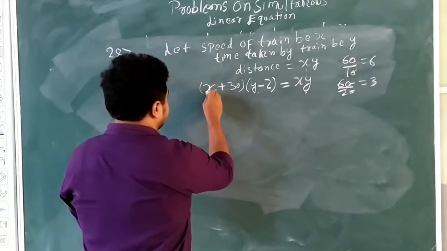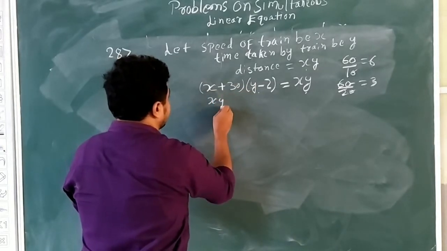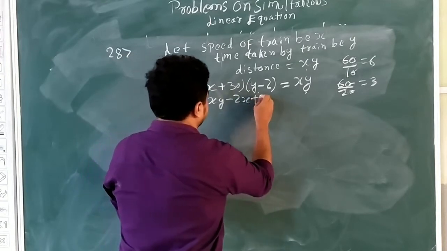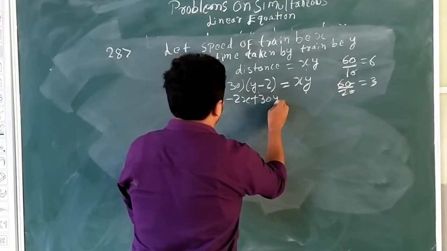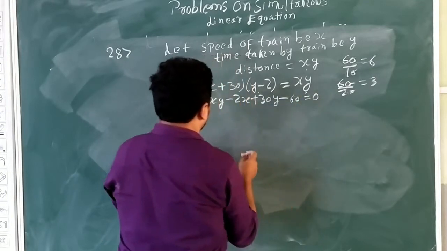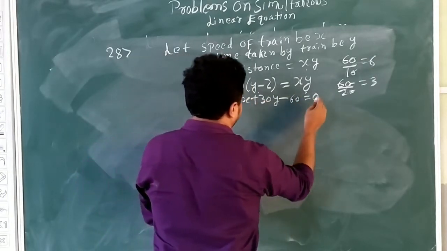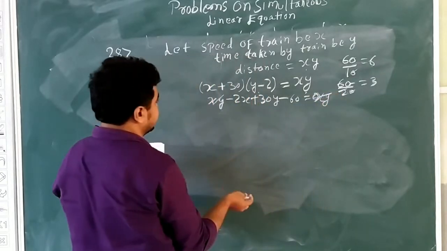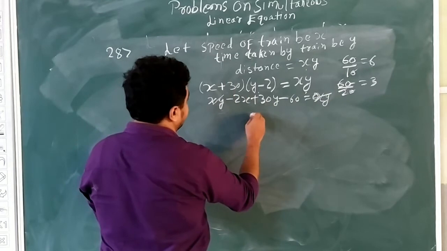So calculating from here, x, y, and this is minus 2x plus 30y minus 60 equal to 0. The xy and xy cancel.